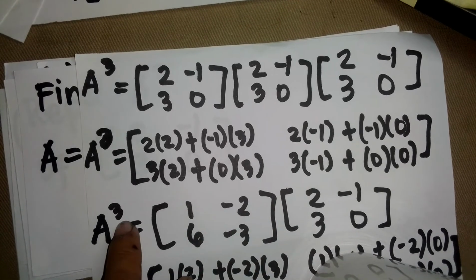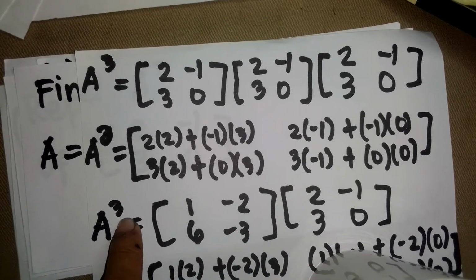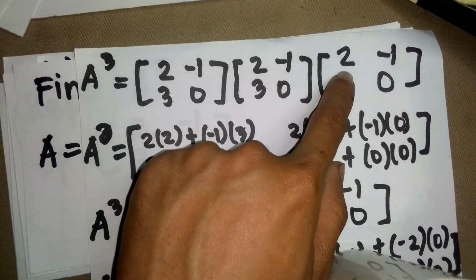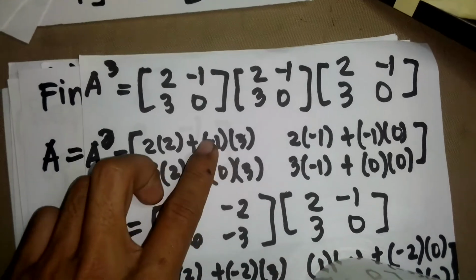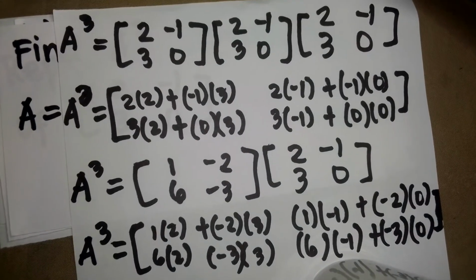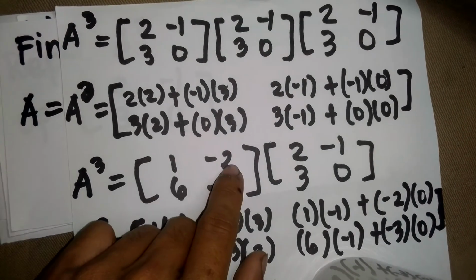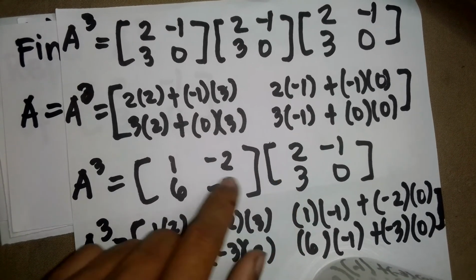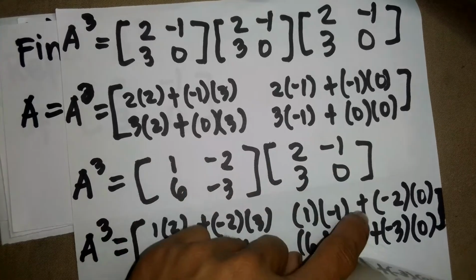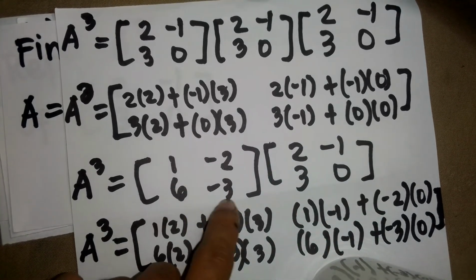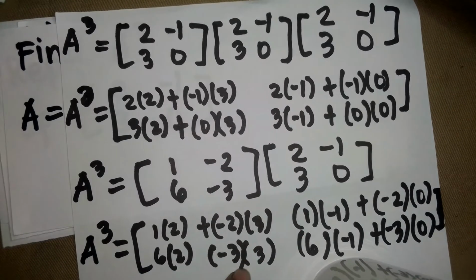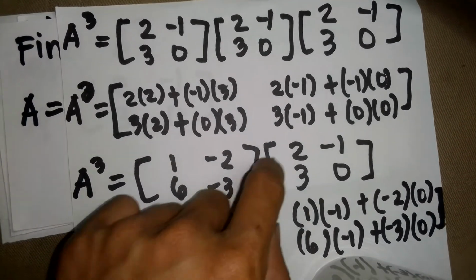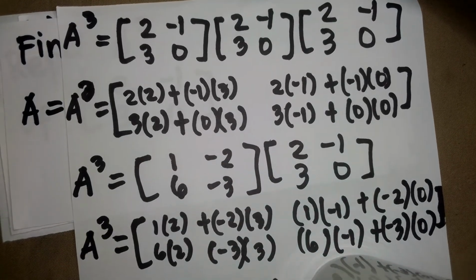To get A cubed, we multiply again the value of A by A squared. Just the same in the process, we multiply the first row to first column, first row to second column, second row to first column, and second row to second column.